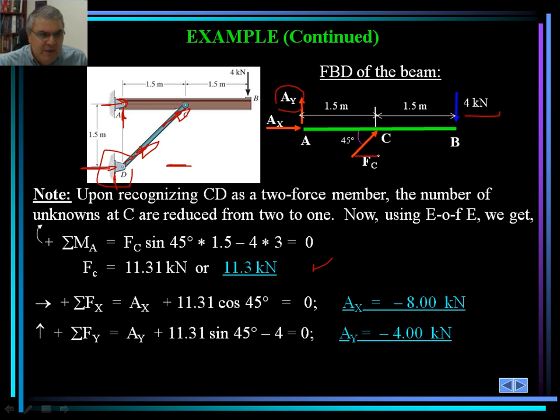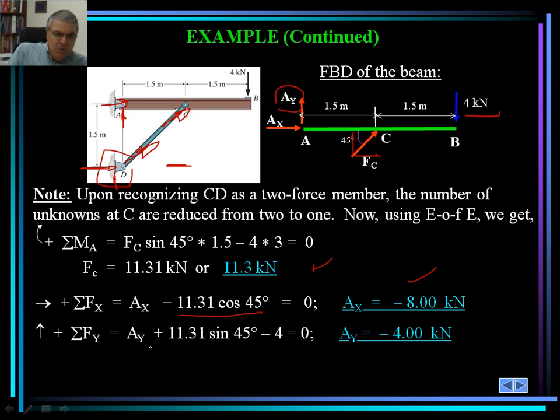Remember, F sub C is going to have 2 components, one horizontal, one vertical. Since this angle is 45 degrees, F sub C sub X, the horizontal component of F sub C, would be 11.31 cosine 45 degrees. We set that to 0.